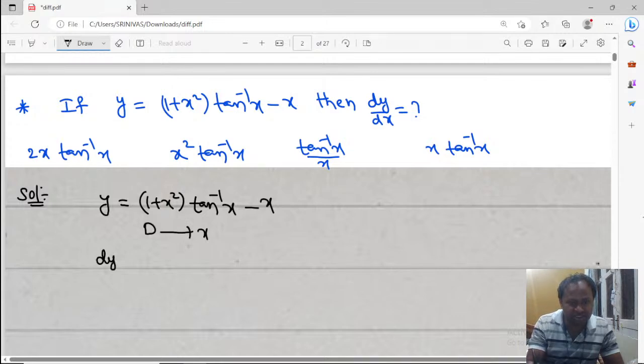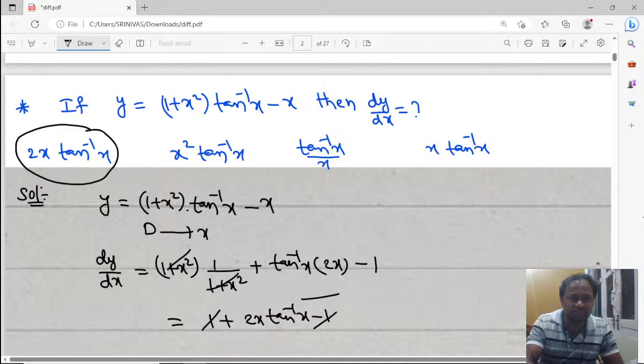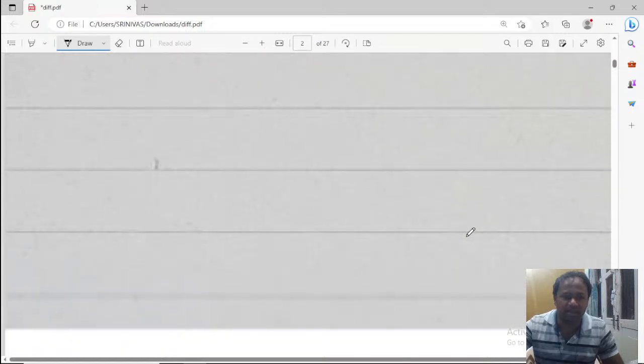What we get? dy by dx is equal to, it is in uv formula. 1 plus x square into the differentiation of tan inverse x, which is 1 by 1 plus x square, plus tan inverse x into the differentiation of 1 plus x square, which is 2x, and the differentiation of x is 1. These got cancelled. That is equal to 1 plus 2x into tan inverse x minus 1. So the answer is the first option. Easiest problem. UV method we need to apply.